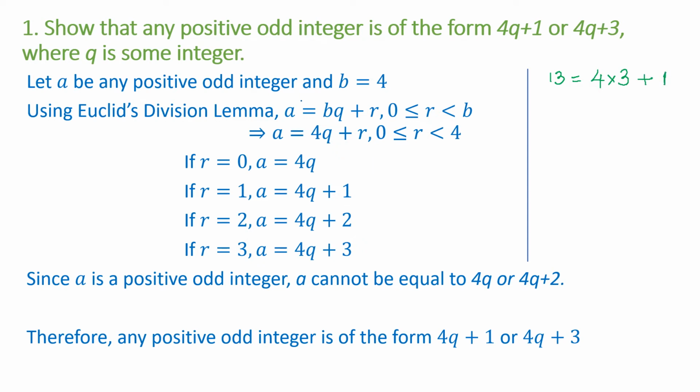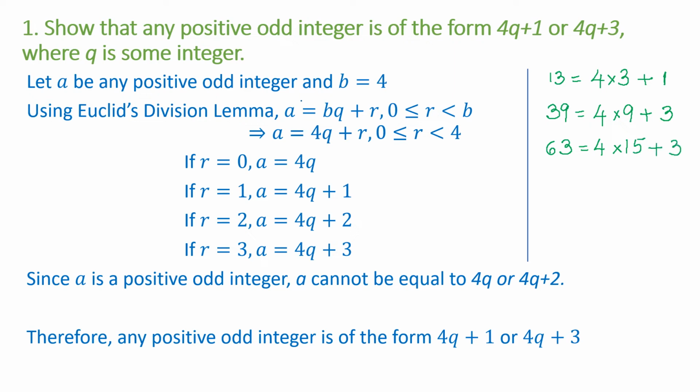If I take the number 39, then this is going to be 4 into 9, that is 36, plus 3. I am taking an odd integer. Let me take another odd integer, suppose that is 63. Then this is going to be 4 into 15 plus 3.